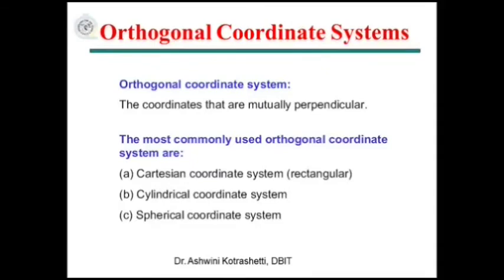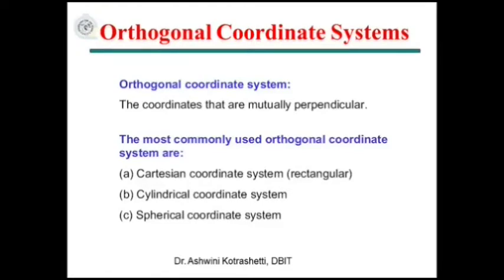In electromagnetics, the physical quantities we deal with are in general functions of space and time. A 3D coordinate system allows us to uniquely specify the location of a point in space or direction of the vector quantity or compute parameters with accuracy.